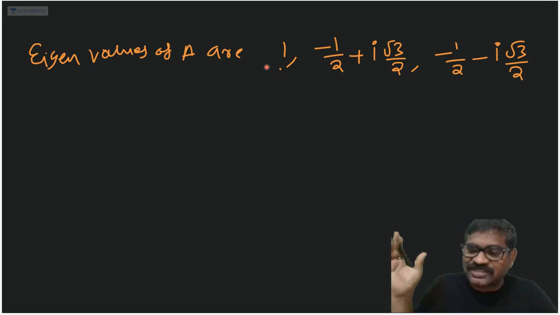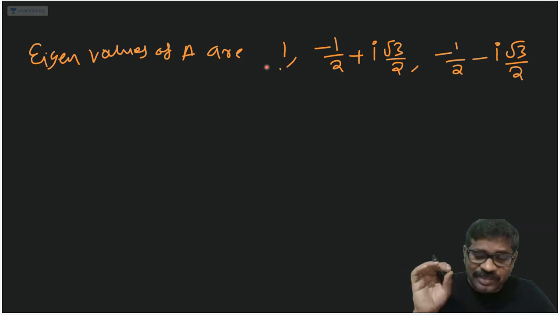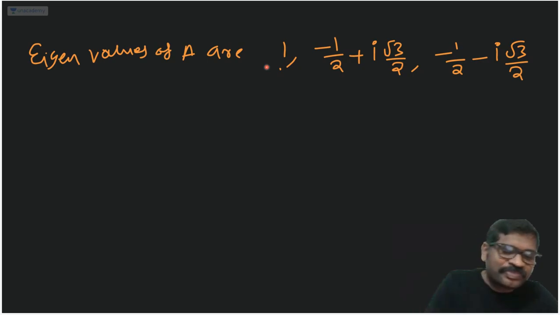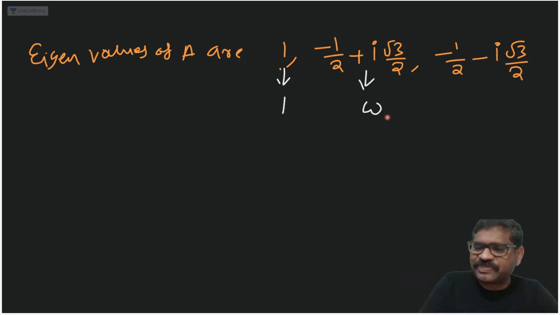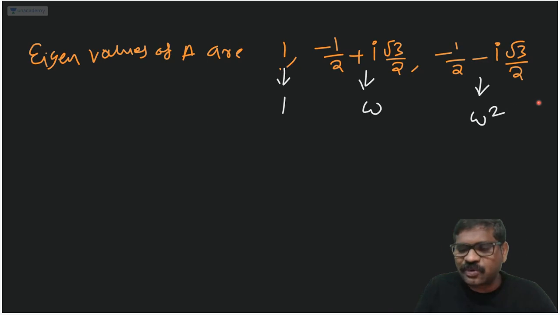The expansion consists of 103 terms. Don't go for expansion. Apply simple logic. Look at the entries properly. This is nothing but 1. This is nothing but omega. This is nothing but omega square. Okay, sir, what are 1, omega, omega square?